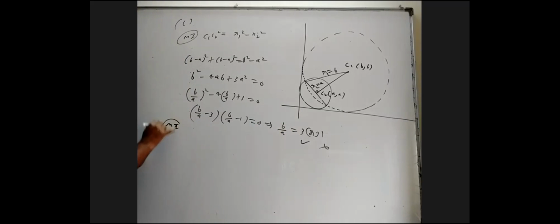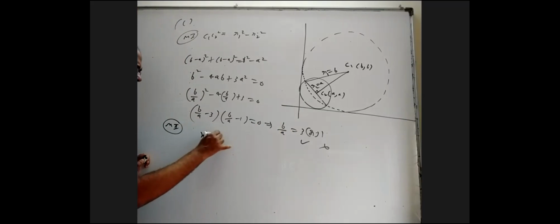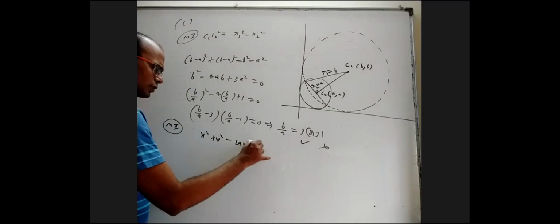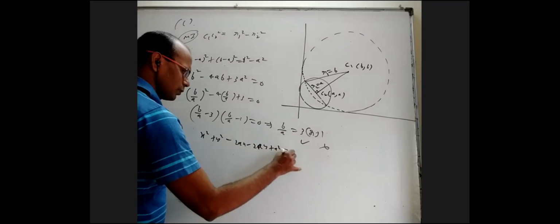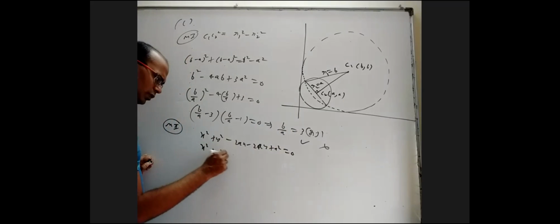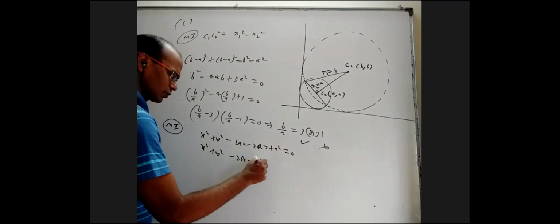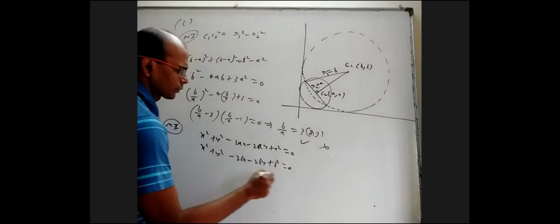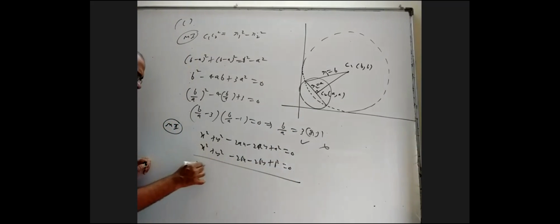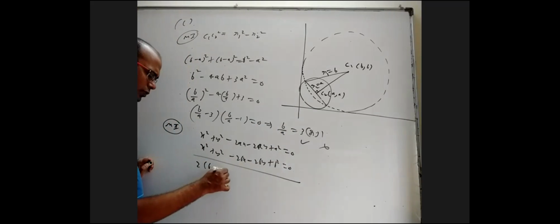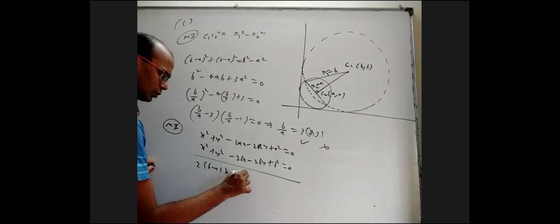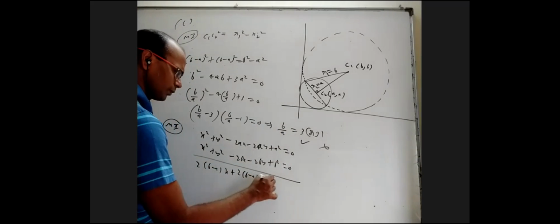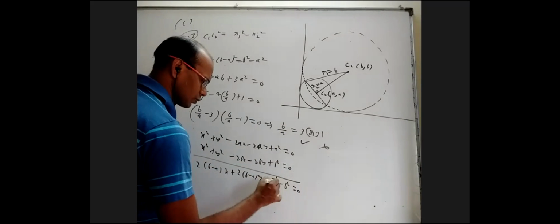Method 2. The two circles are x square plus y square minus 2ax minus 2ay plus a square equal to 0, and x square plus y square minus 2bx minus 2by plus b square equal to 0. When we subtract, you get 2 into (b minus a) x plus 2 into (b minus a) y plus a square minus b square equal to 0.